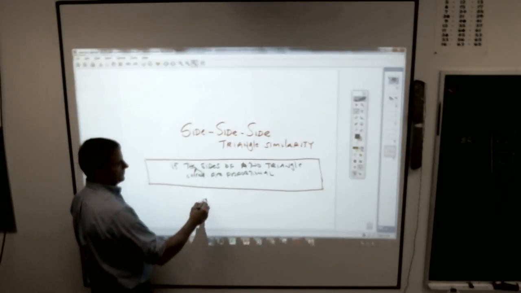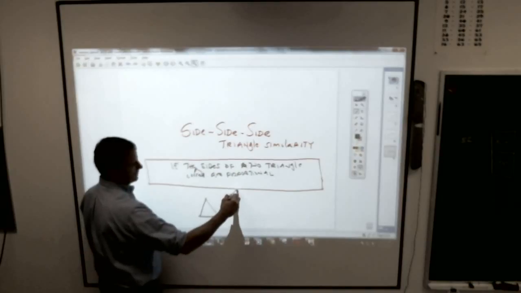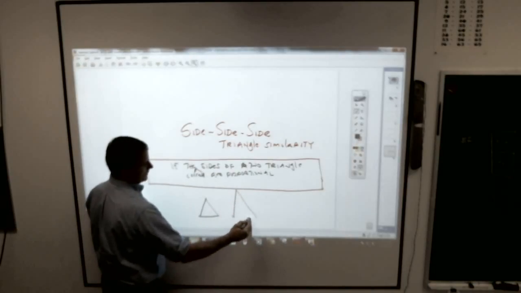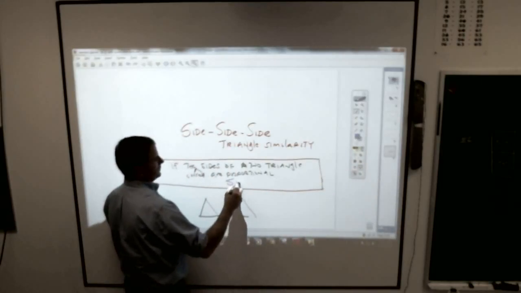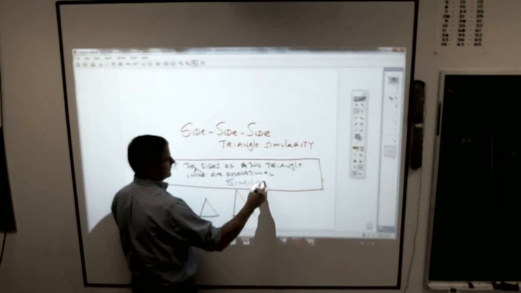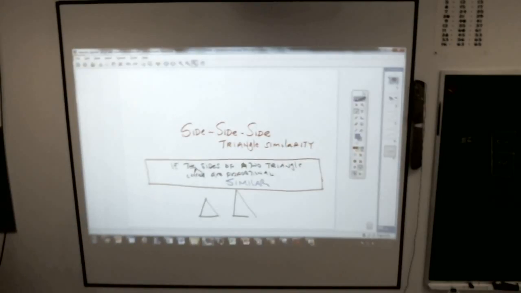If the corresponding sides of two triangles are proportional, then they are what? We already said it. Somebody? Anybody? Similar. It's kind of like just going the other way. It's kind of like going backwards from if they're similar, they have corresponding sides. It's the same: if they have corresponding sides, they are similar.